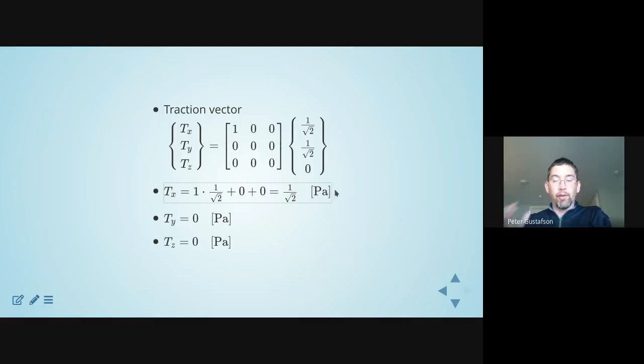Now, this has units of force per unit area. The x component, 1 over root 2. The y component, 0 times those. The z component, 0 times those. All right, so we're going to need to sanity check that answer.